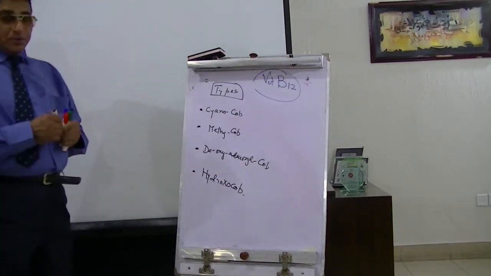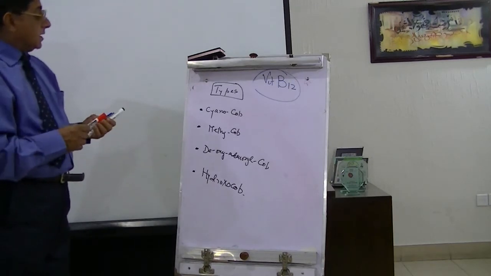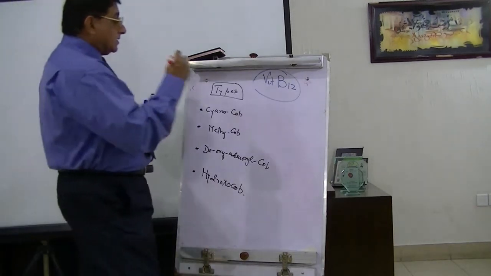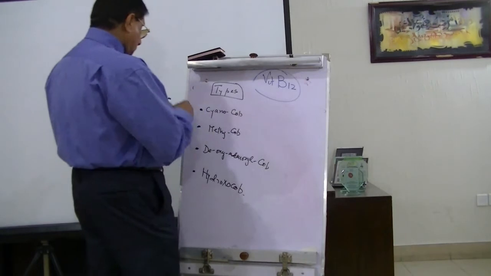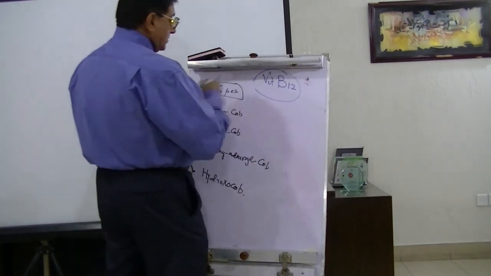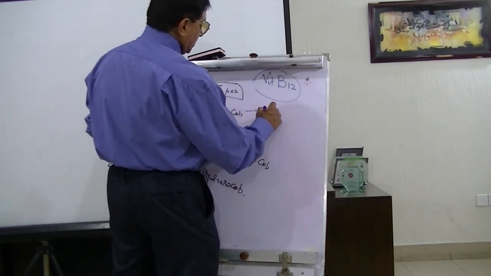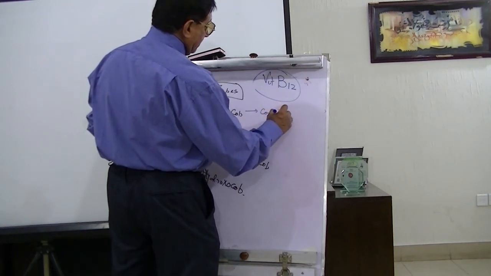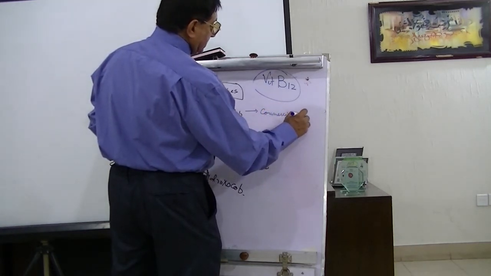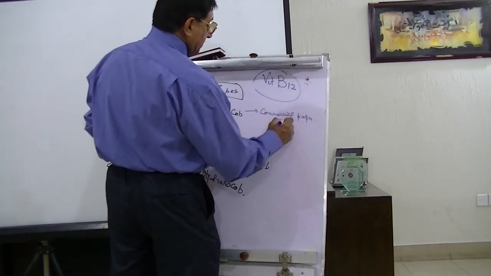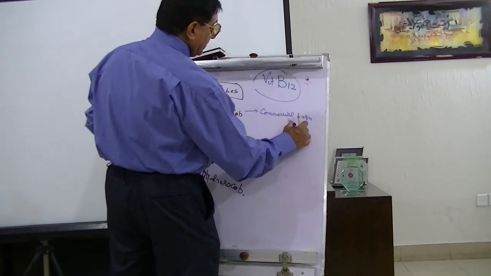So these are the four important types. Number one, cyanocobalamin, is the commercial preparation, available in the injection form.